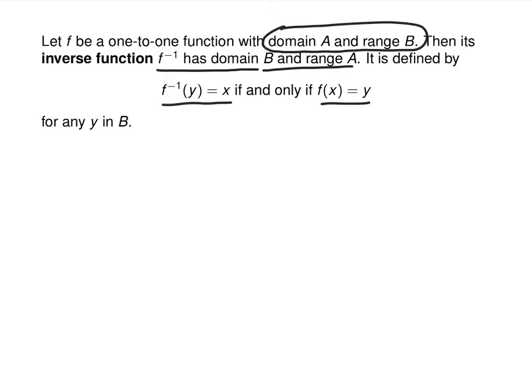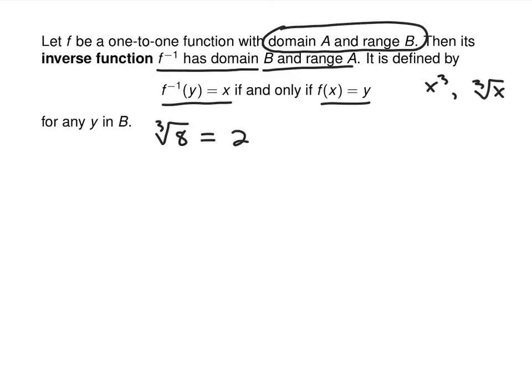Now, let's see if I can make that make more sense. Let's use the specific examples of x cubed and the cube root of x, okay? So you know that the cube root of 8 equals what? 2.